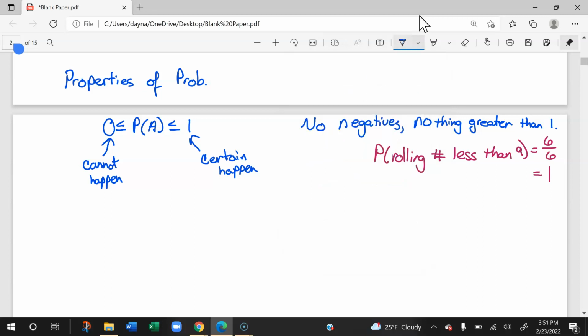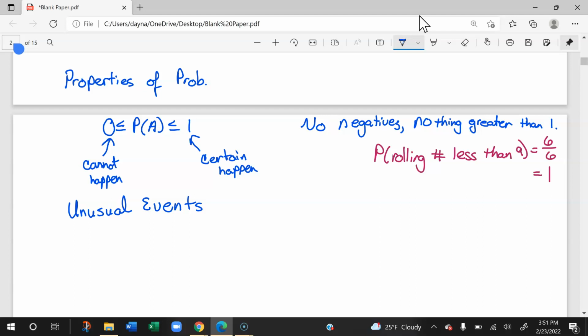So we have to make sure that we look at some of these properties of probabilities. Now, the other property of probabilities that we want to look at is what we consider unusual events. These are kind of like our outliers, things that are not common.